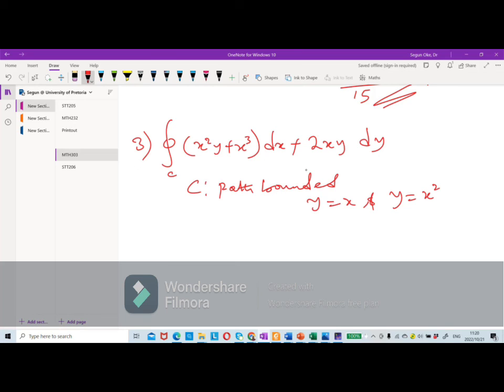So identify your P. Our P is what? And our Q is here. So when you have the dQ/dx. But before then, how do we solve this? It's very simple. The one of this nature, look at the way we solved it the other time.